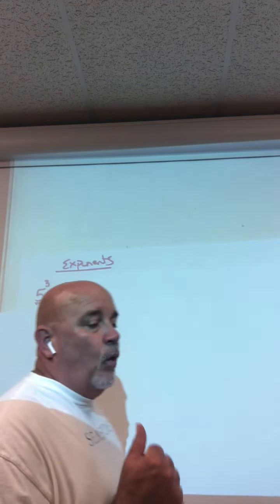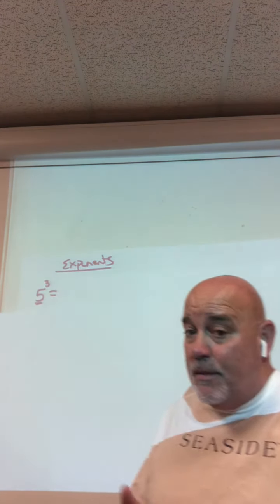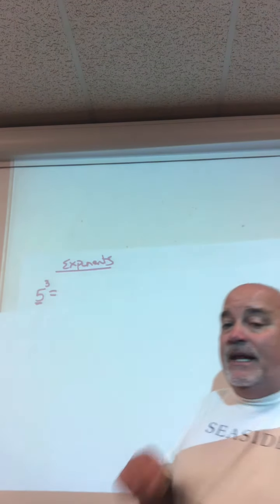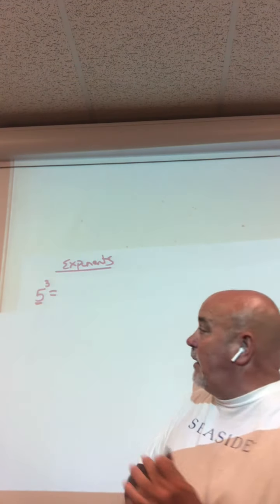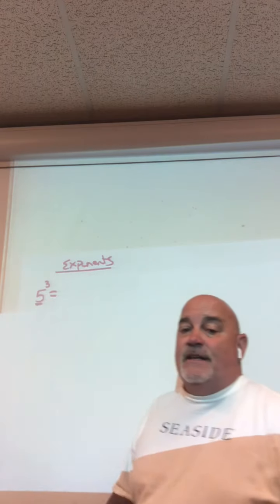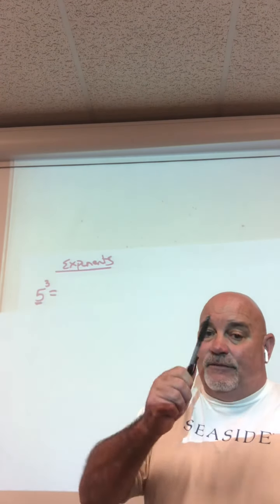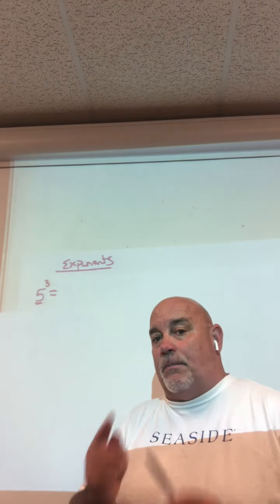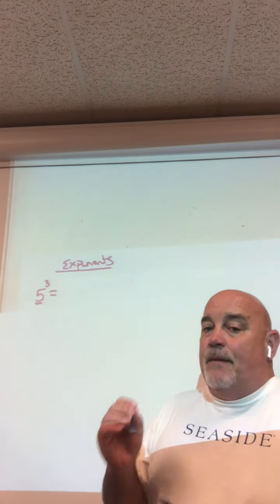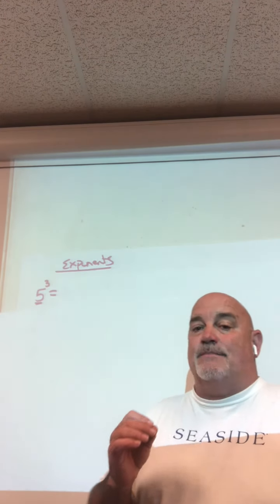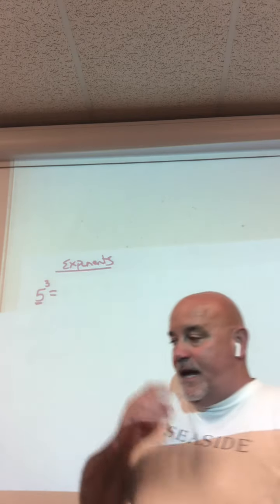All right, so what does that exponent mean then? What the exponent does, if you remember, it tells you how many times to multiply this base times itself. So 5 to the third power doesn't mean multiply 5 times 3. It means to multiply 5 times itself 3 times.